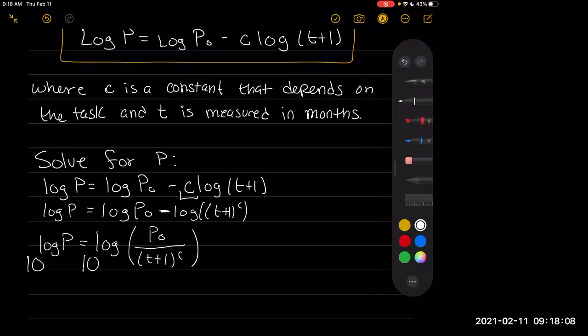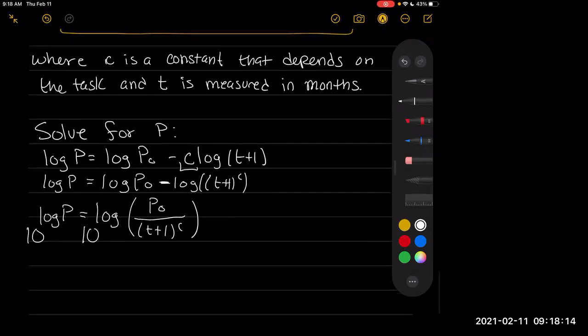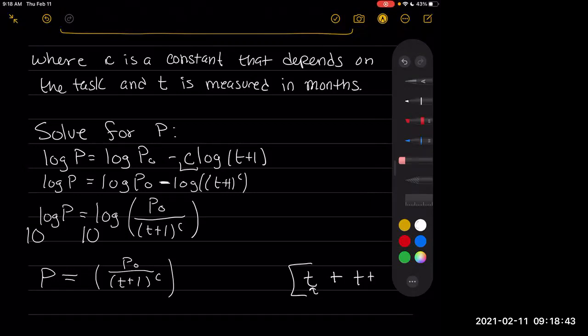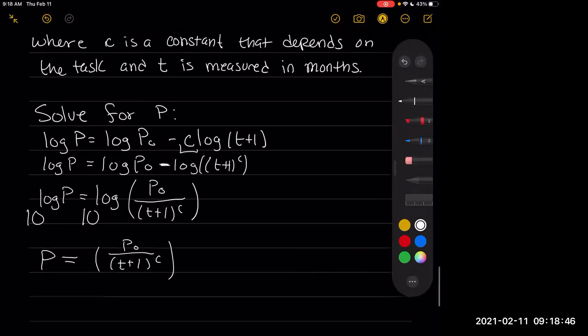But since log and the exponential base 10 are inverses, that will just give us P equals P naught over t plus 1 to the C. And if you are having trouble when writing your t's and your plus signs, this is just a little side note, I like to make my t's have a little curly tail because that will look different than my plus signs. This is an unnecessary note you don't need to write down, just a helpful hint. Okay, so now we've solved for P.